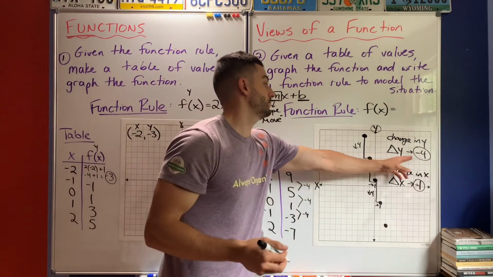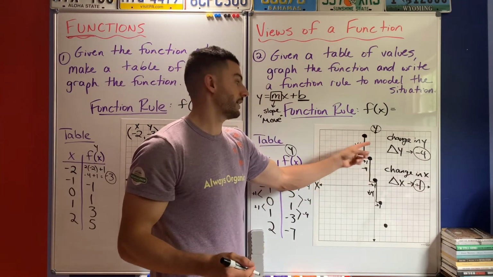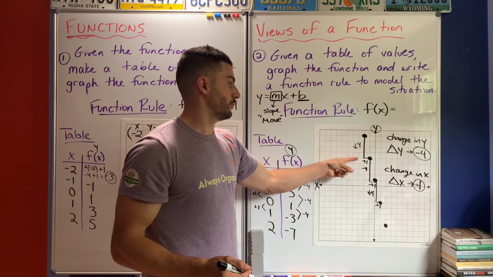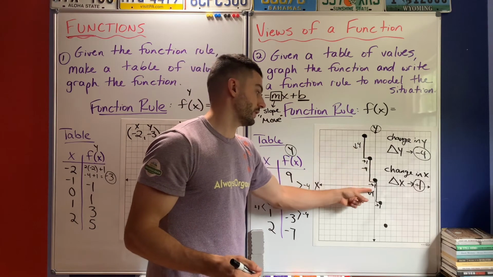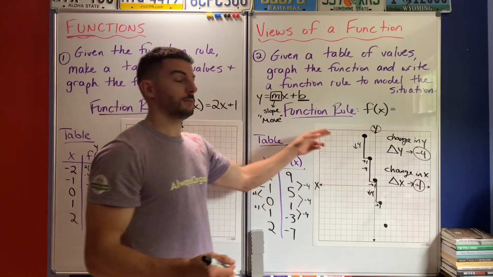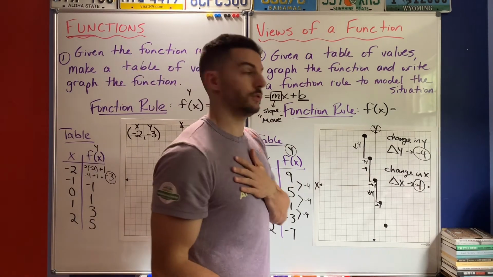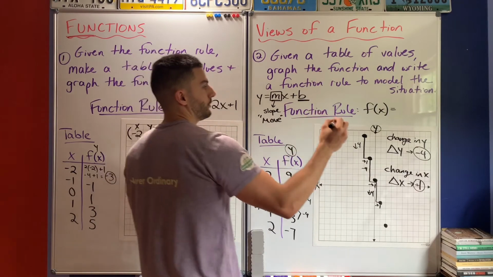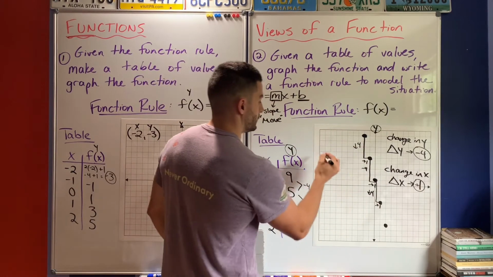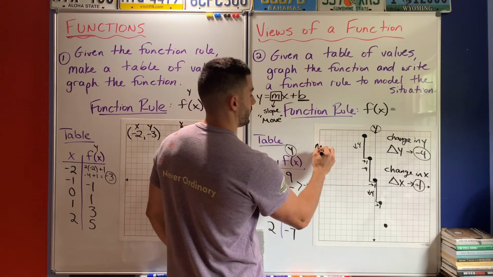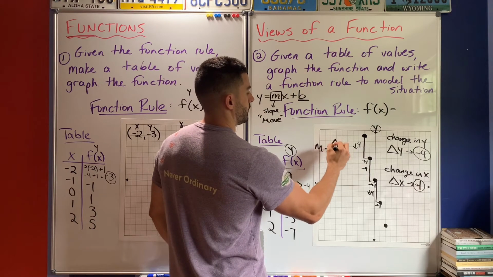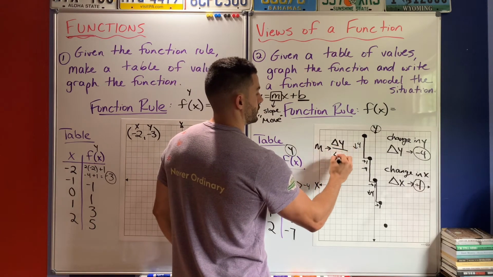Aren't these two numbers showing where we move on the graph? Moving down 4, moving right 1, moving down 4, moving right 1. It's telling me where I am moving. That's what the m value does. So for this m value, I'm going to write this as a fraction. Writing it over here, the m value, I would write as the change in y over the change in x.